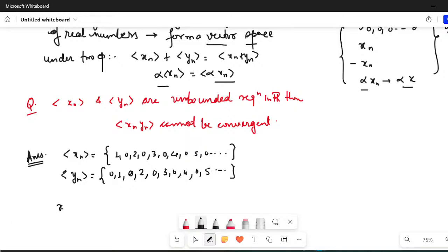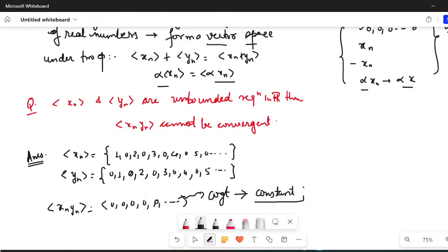If I'm multiplying these two, it means I'm doing x1 into y1, x2 into y2, x3 into y3. So I'm getting 0, 0, 0, 0, 0, and so on. Isn't it a convergent sequence? This is a convergent sequence because it is a constant sequence. If a sequence is a constant one, then it is always convergent. Please remember this.